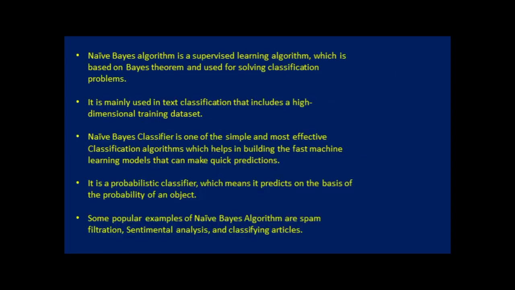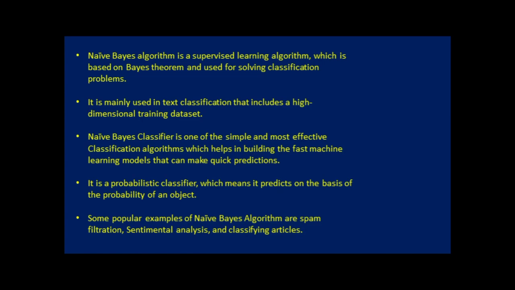Here we are using the Naïve Bayes algorithm, which is one of the supervised learning algorithms based on the Bayes theorem, and it is used for solving classification problems. It is mainly used for text classification that includes high dimensional training data sets. Naïve Bayes classifier is one of the simple and most effective classification algorithms which helps in building fast machine learning models that can make quick predictions.